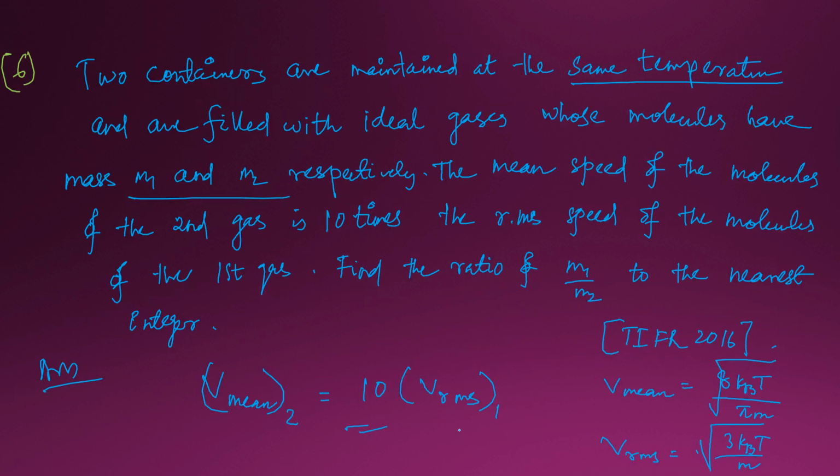See it again and let me know in the comments if you have any doubt in this question. Remember, V mean is root over 8 kBT by pi m, V RMS is root over 3 kBT by m, V average is root over 2 kBT by m. That's how I have to solve it.